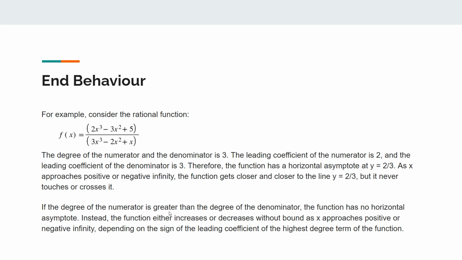If the degree of the numerator is greater than the degree of the denominator, the function has no horizontal asymptote. So if there's no horizontal asymptote, the function would decrease or increase without bound as x approaches positive or negative infinity, and it depends on the sign of the leading coefficient.